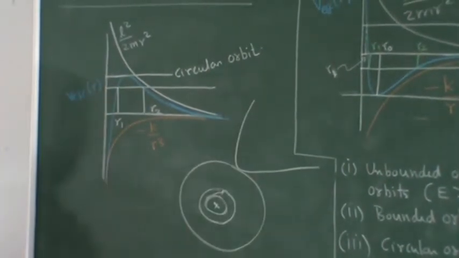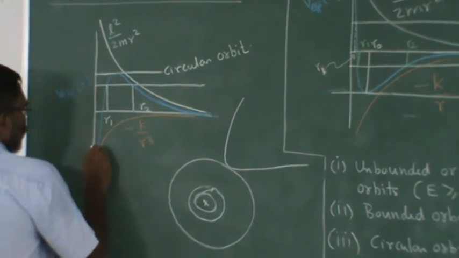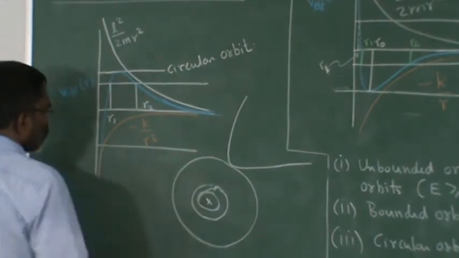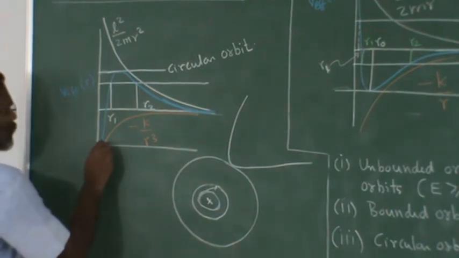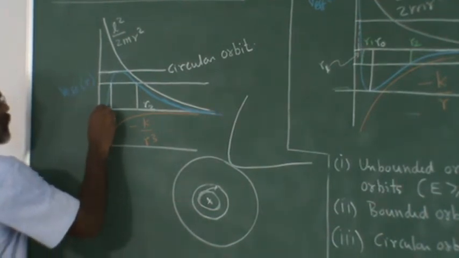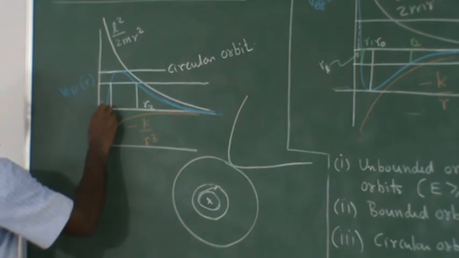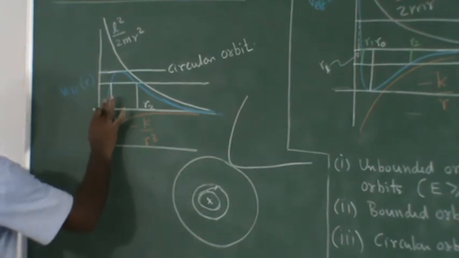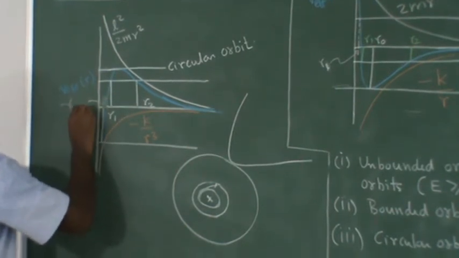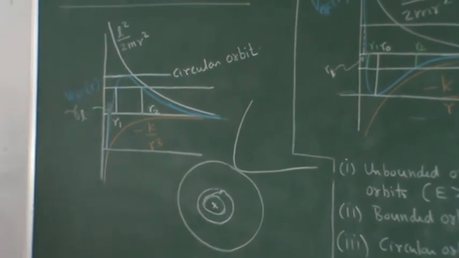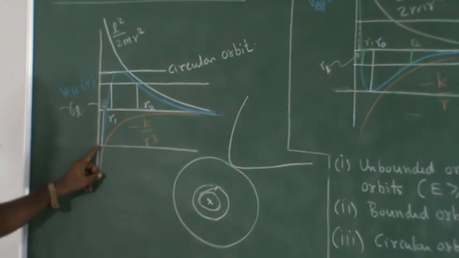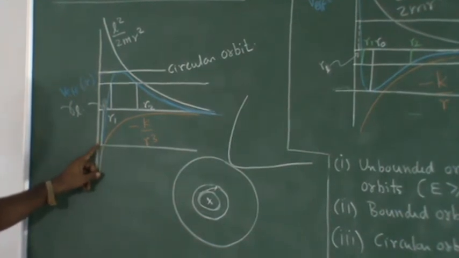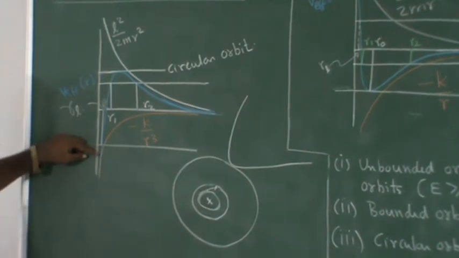Okay, suppose I have an energy here, then what happens? You can have an R here, or L, or whatever we call it. If R is less than this, the energy is more than V effective, and that is fine.